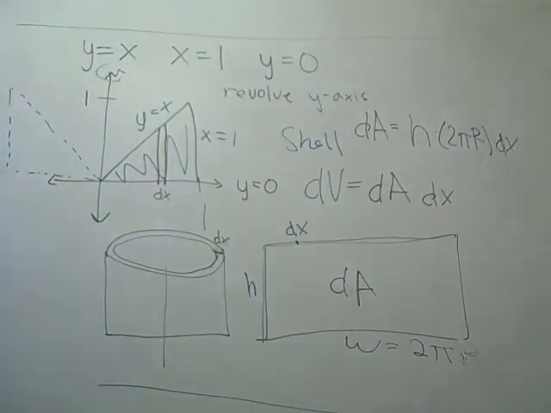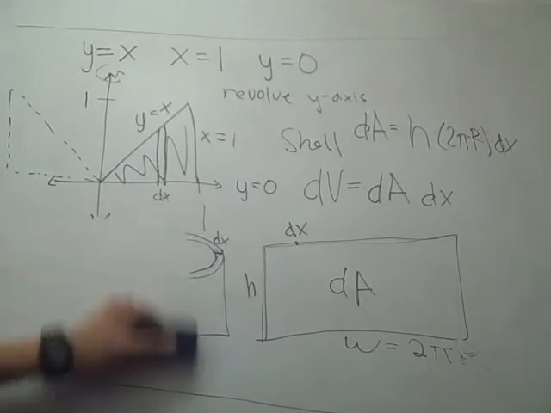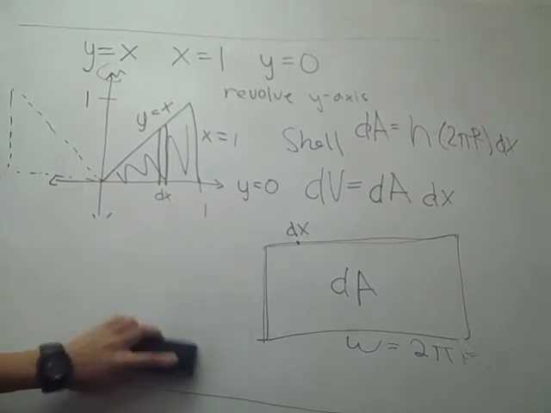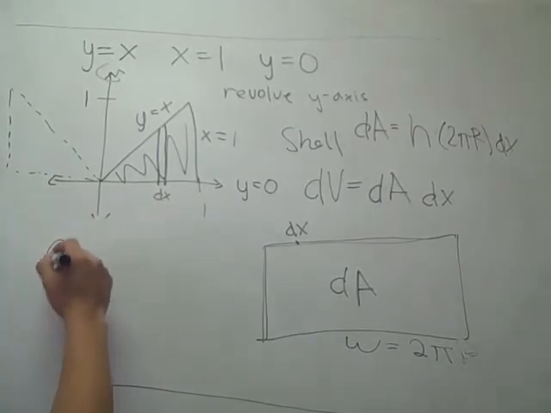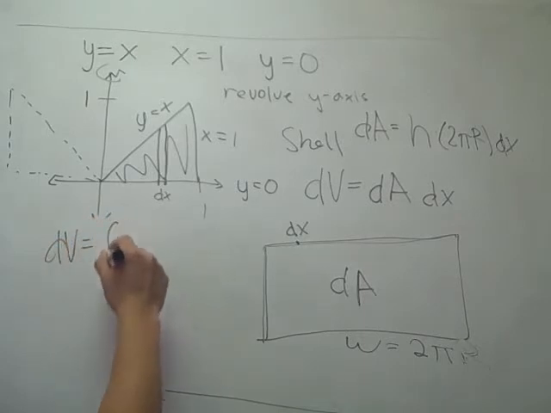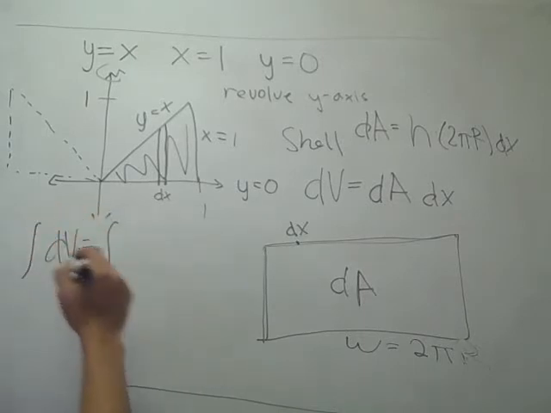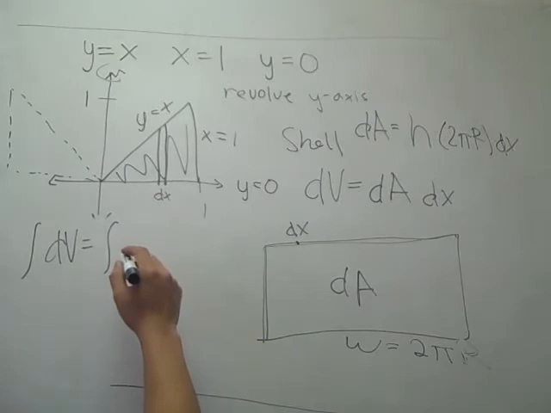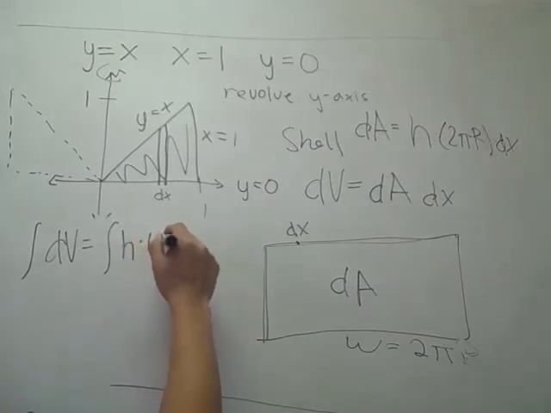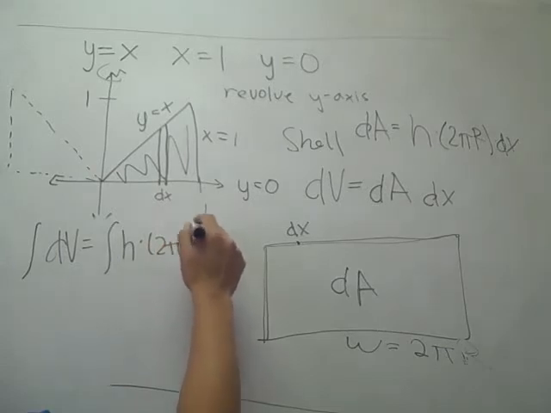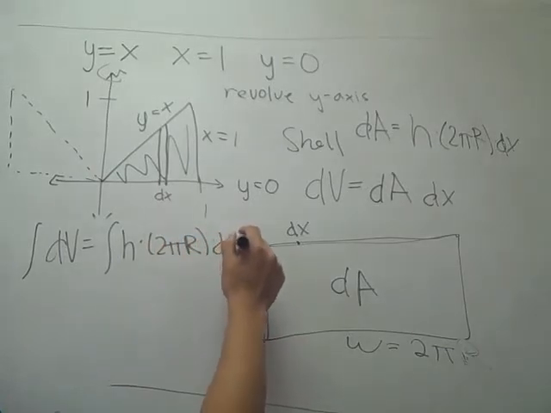Okay, so now we have the formula for the volume: the integral of height times 2 pi r times dx.